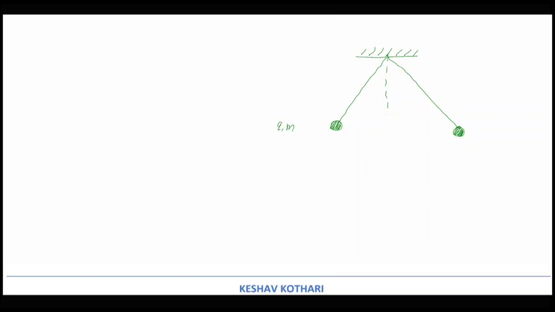This one is also having charge q, mass m, and the two strings are making an angle theta with the vertical. If we consider this problem, the length of the string is given to us as L. So we can take the separation between the two charges as equal to 2L sine theta.